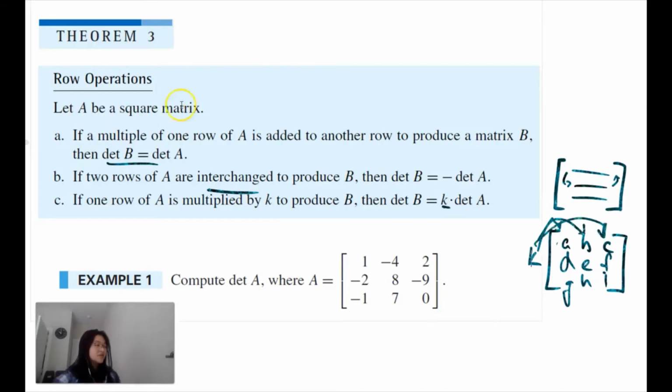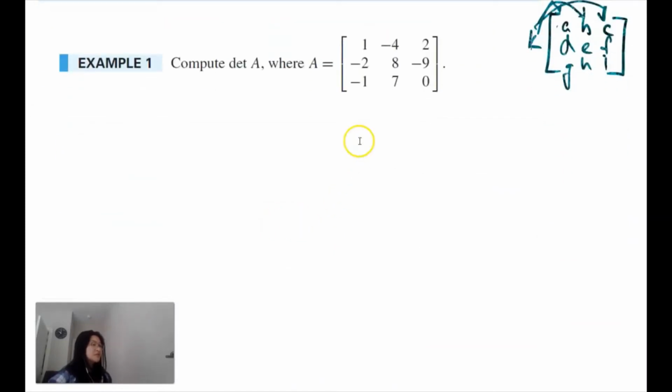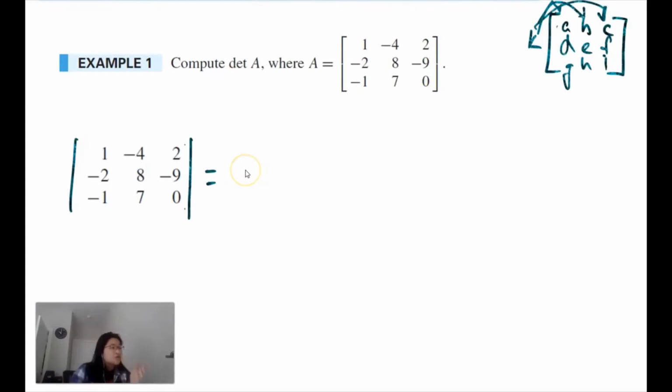So, let's try an example. Pause the video, try this out, thinking about all the properties that we have. Determinant of this matrix A, we can actually take our first row, multiply it by 2, and add it to our second row.